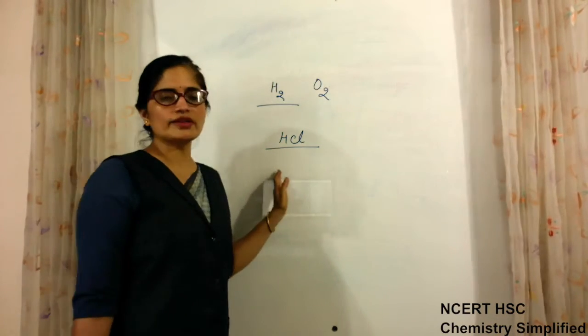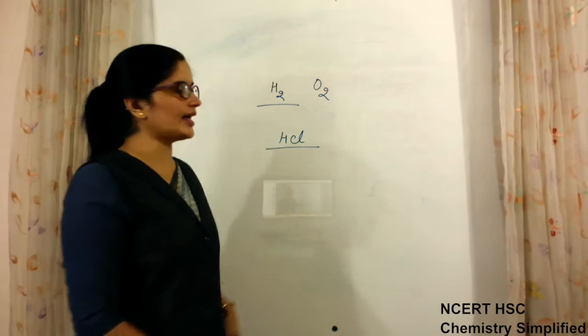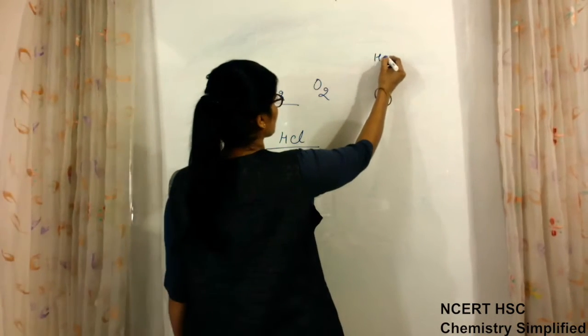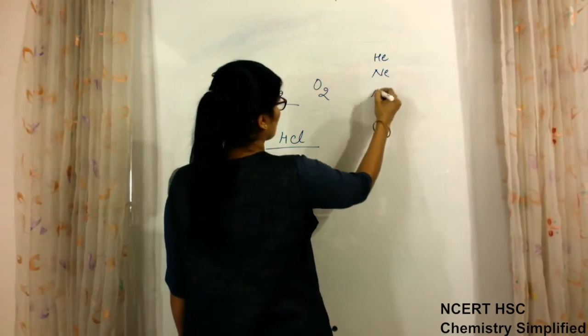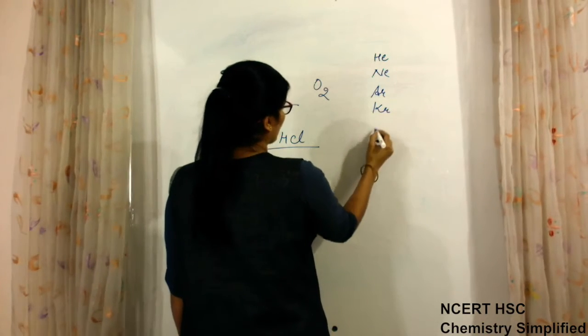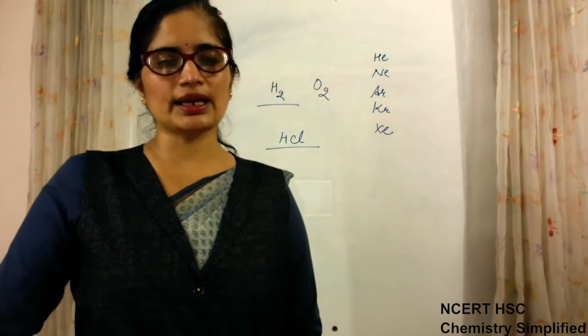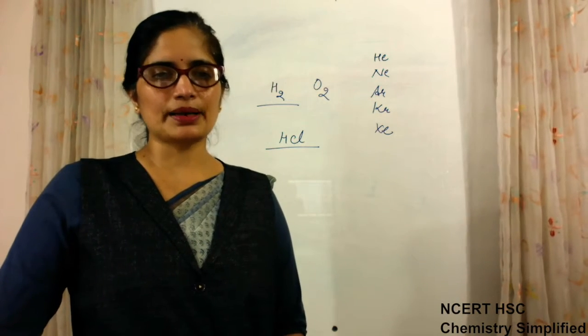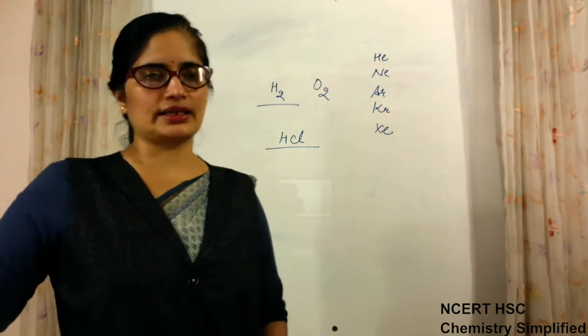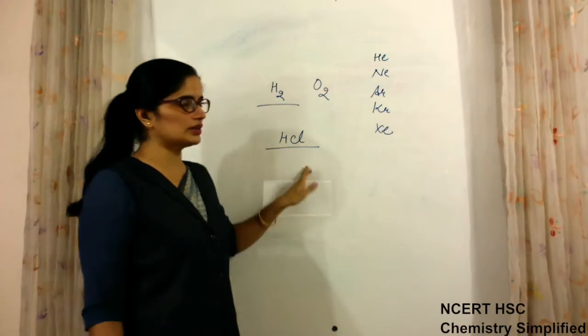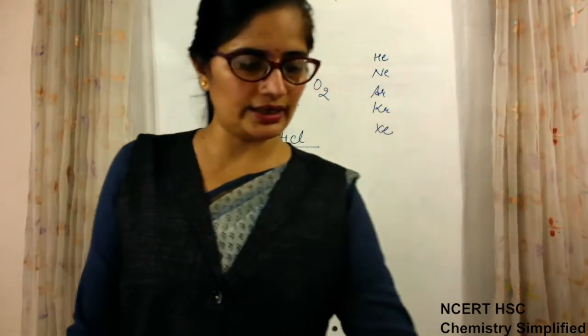So they always are present in the combined state except for the gases like helium, neon, argon, krypton and xenon. Except for all these inert gases or noble gases, all elements are present in nature in combined state, either with the same type or with a different type of other elements.